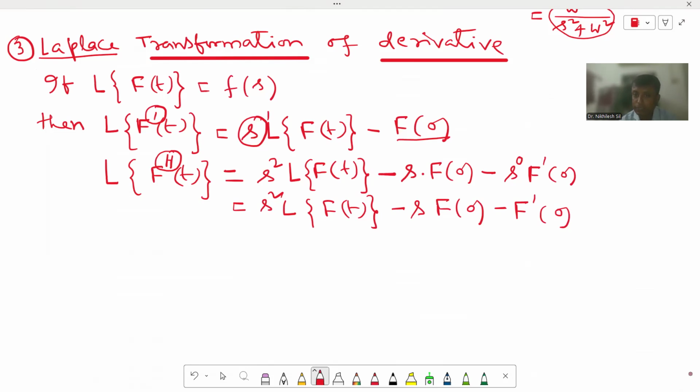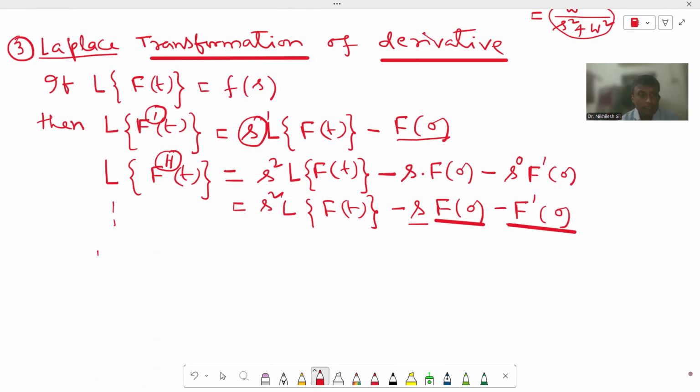L of f(t) is fixed. Then the sign of all other terms will be negative. Power of s will be decreased by 1. Here it is 1, here it is 0. It is f(0), it is fixed for all the derivatives. And then from the next term onward, we are differentiating f one by one. So f dash 0.